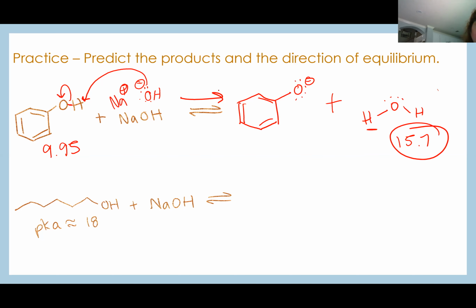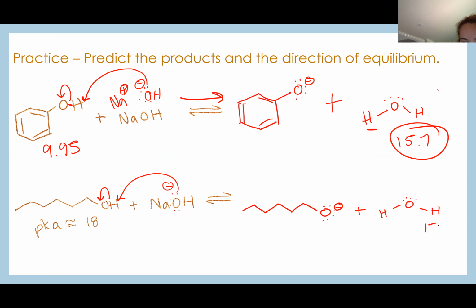Okay, in our next one, we have a very similar setup, right? We have an alcohol and we have hydroxide. I'm not going to make you fill in all the blanks again. That's going to give us a conjugate base. And our other product will be water again.